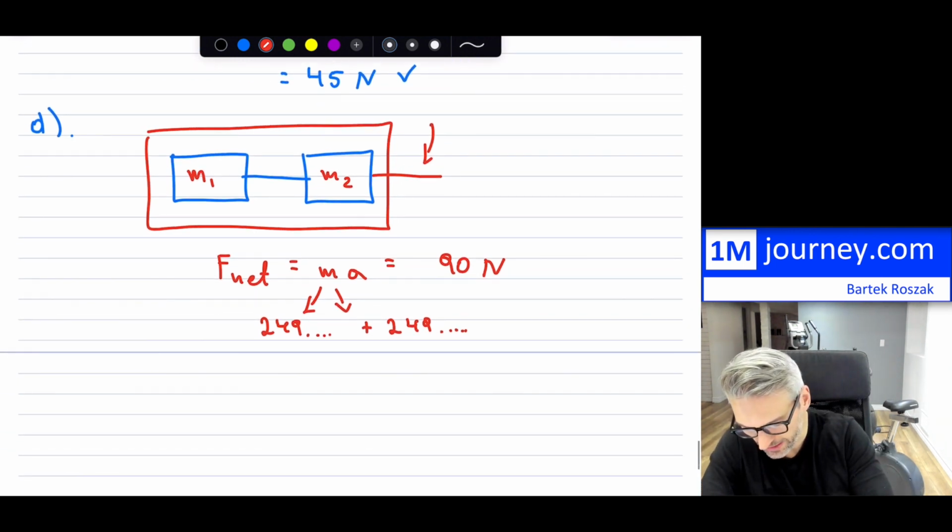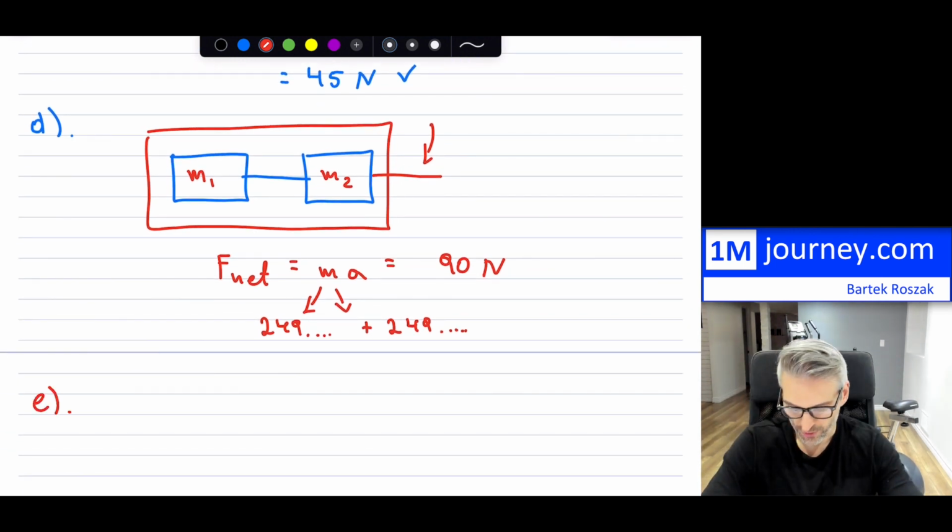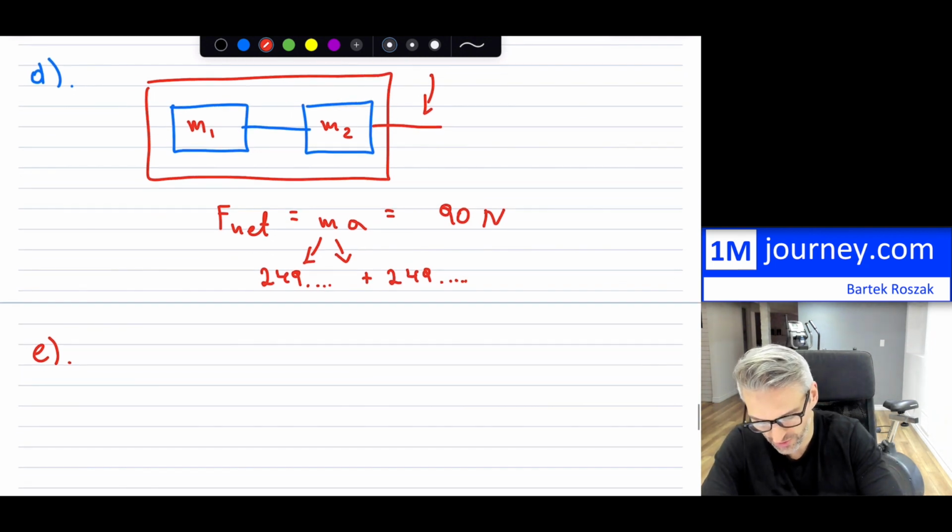And then for part E, I'm kind of foreshadowing. It asks us about all three of them, and what's the tension in the last one. For this one, I would highly encourage you to try it. That final tension is going to be the mass of the three multiplied by the acceleration overall of the system.